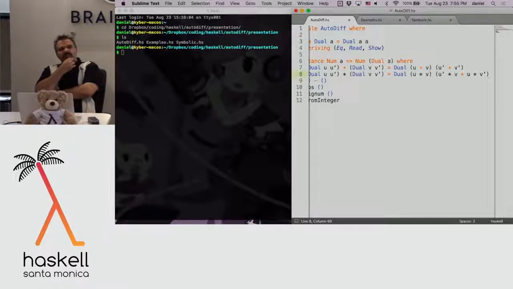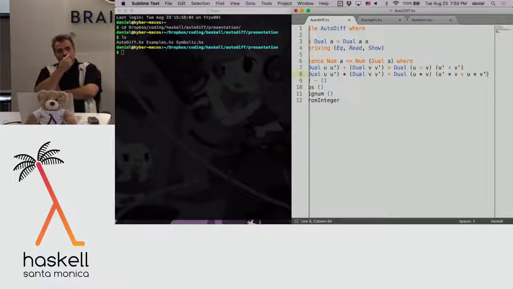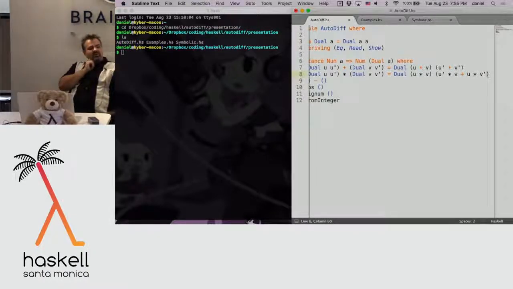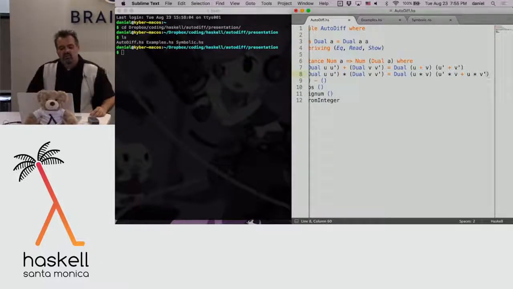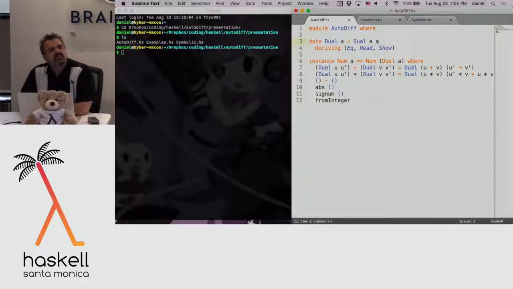Where is that funny multiplication coming from? Where have we seen it before? So we saw it earlier today on the board, but we want to take the derivative of a pair of functions. So what this dual data structure is doing is it's keeping track of two things at the same time.